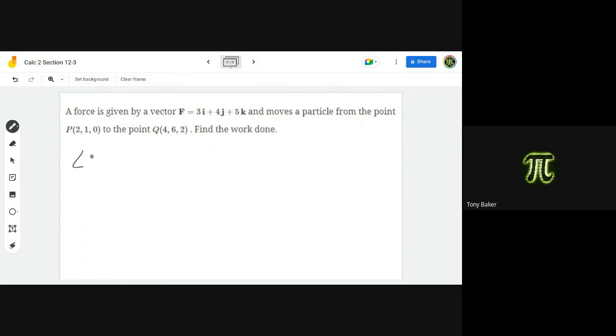So my vector is going to be 2 minus 4, 1 minus 6, and 0 minus 2. Now, it matters. Remember, when you're doing these, it matters the direction. So we started at P and we're going to Q, so P's got to be first. So my displacement vector is -2, -5, -2.